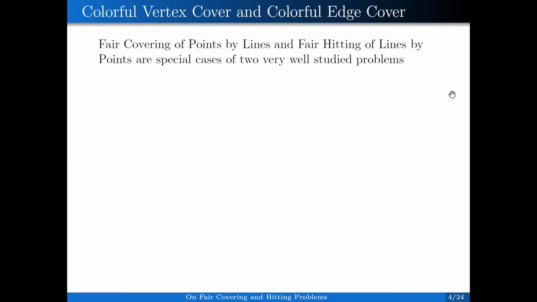And we will see that fair covering of points by lines is a special version of colorful vertex cover, and fair hitting of lines by points is a special case of colorful edge cover. This is true as in the two geometric problems, we have axis parallel lines and each point can be intersected by at most 2 lines.